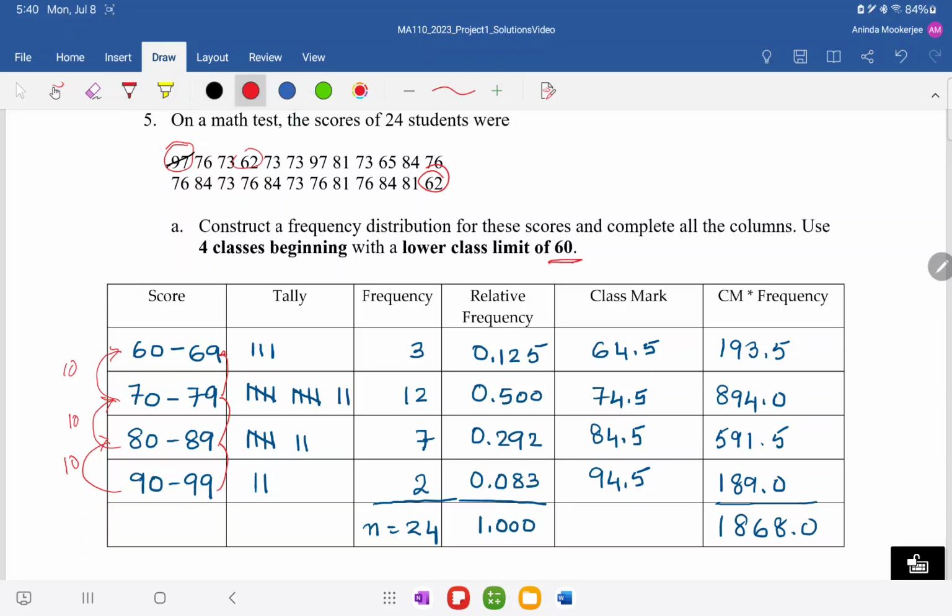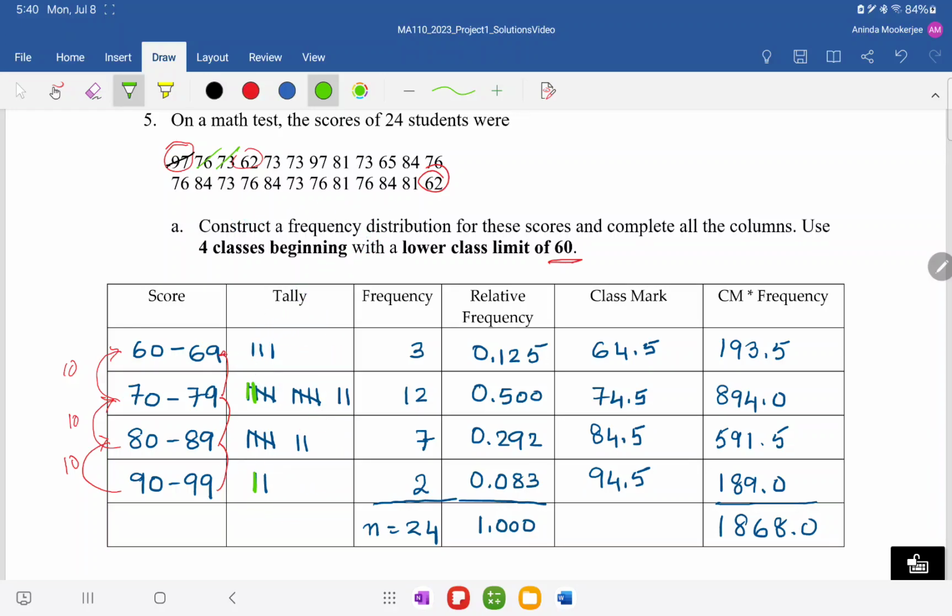So let's use a different color here. This is for 97, then the next one is 76. 76 will be somewhere here. 73 is the next one. 73 will fit into this interval, 72, 79, and so on. So this is how you walk through the entire data set and tally them.